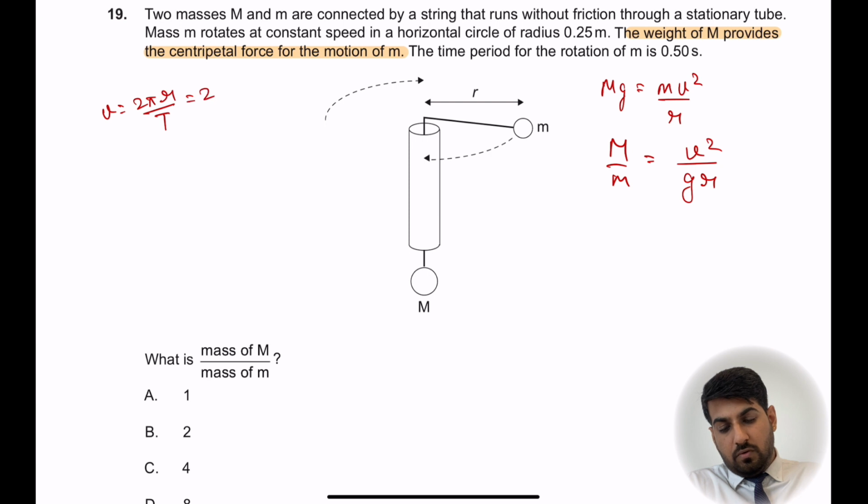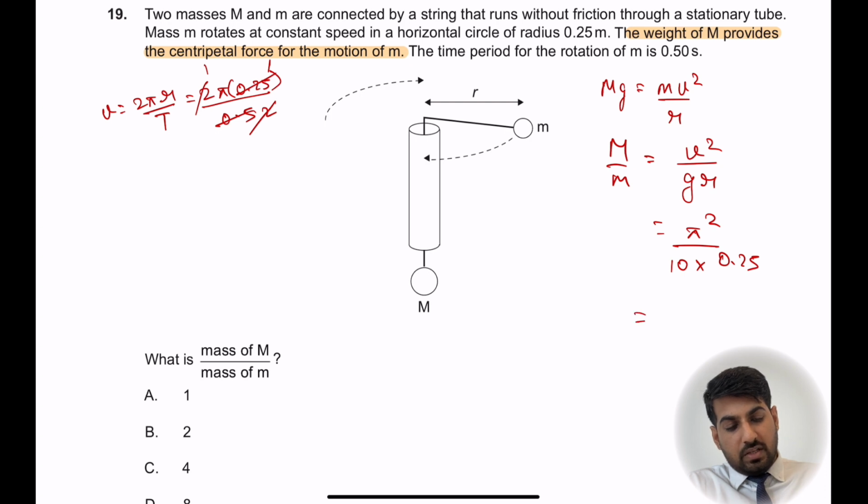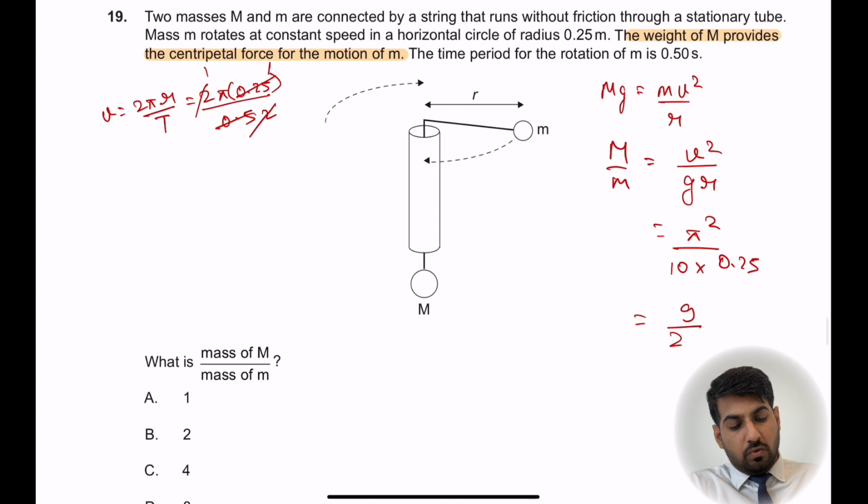So if you put 2 into pi into r is 0.25 and time period is 0.5, this is 1, this is 2, this is 1, and this is 1. So this becomes pi. So this is pi square upon g is 10 into r is 0.25. So this is pi square is something 9 upon 10 times 0.25, which is 2.5.